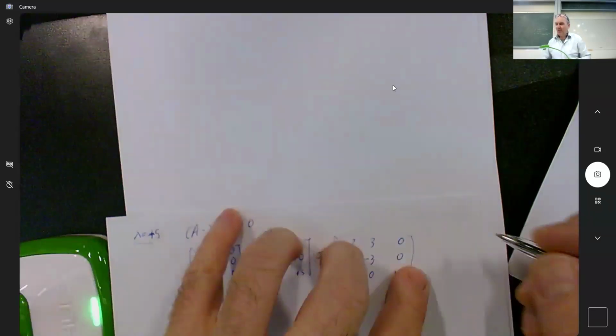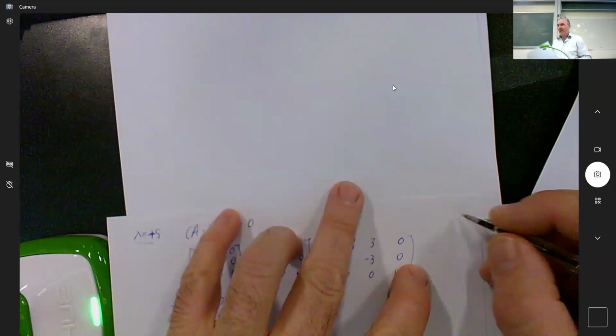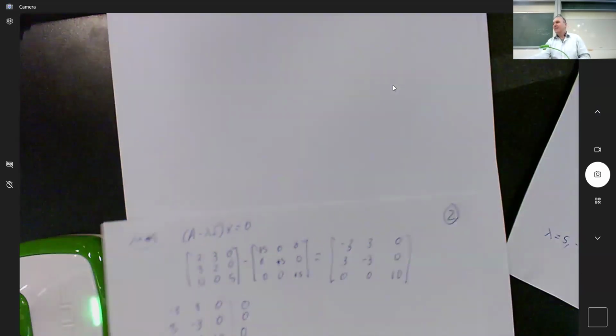So I'm going to refer back to the spotted owl. The spotted owl thing is about Markov chains, right?